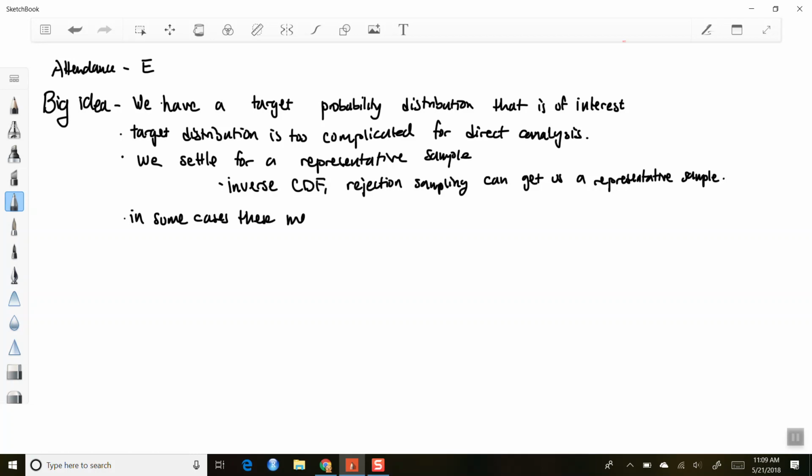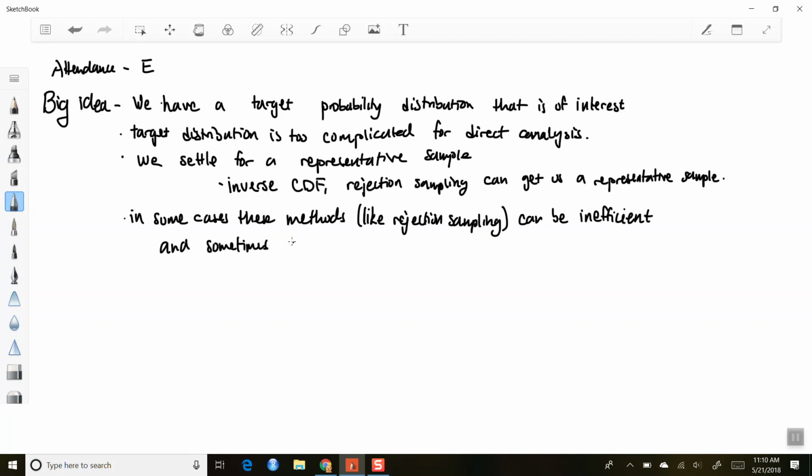So in some cases, these methods, like rejection sampling, although theoretically they work in the long run, can be inefficient, sometimes grossly so, and sometimes it may not even be possible if we do not have a normalized PDF.